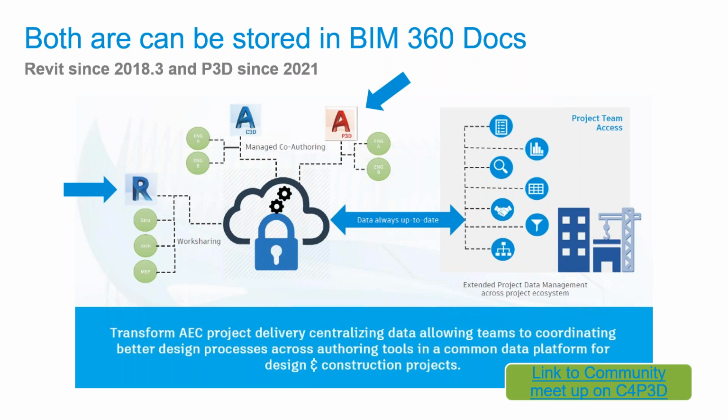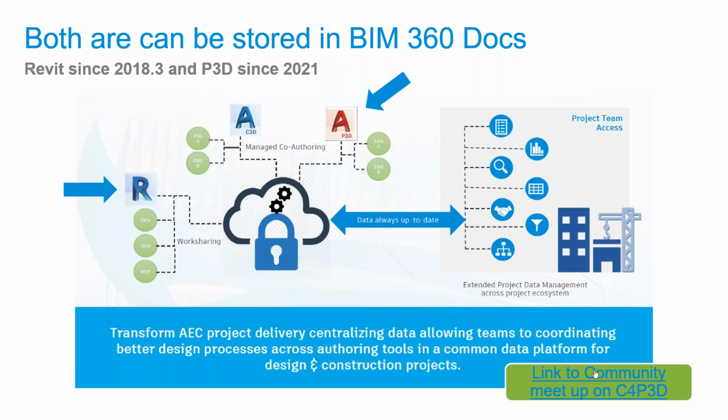One single space to store all your projects. And you have a link, as Joel said before, below to the previous month's collaboration subject we talked about in the virtual meetup. Feel free to watch it because it has a lot of information on how it works for Plant 3D in particular, and Revit is a bit more mature.